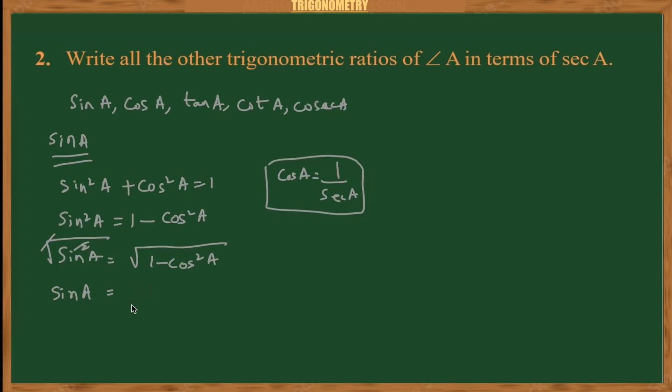Let's utilize it here: 1 minus the square of 1 by secant A. Let's find the LCM here: secant square A minus 1 over secant square A.